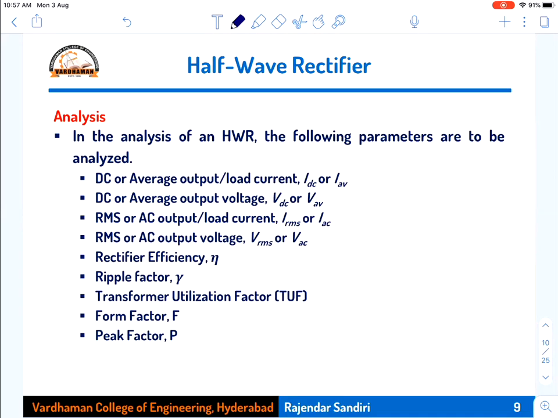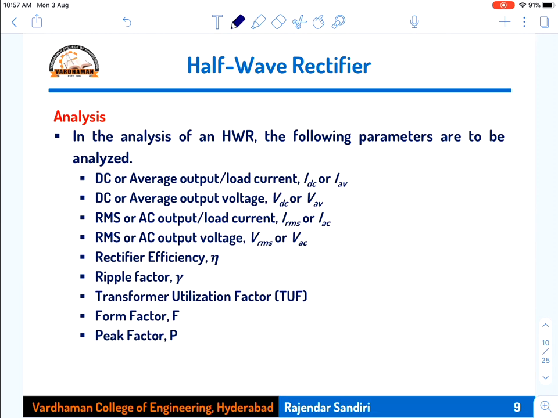So these are the parameters that we have to calculate in the analysis of the half wave rectifier: DC or average output current, DC or average output voltage, and RMS or AC values, because the half wave rectifier has pulsating DC as output. Pulsating DC means it is not pure DC, and it is not pure AC either. It is a combination of both AC and DC present in the output of the rectifier.